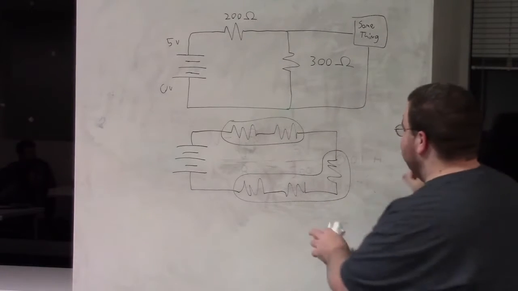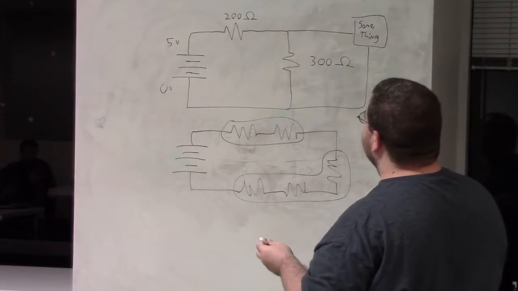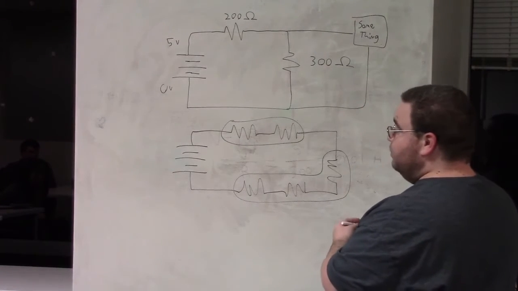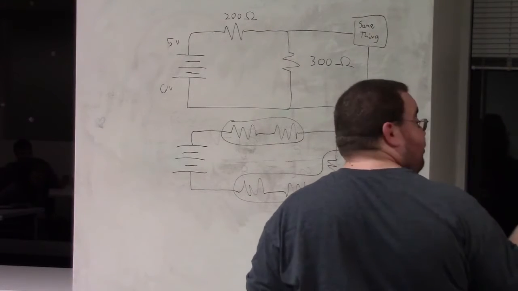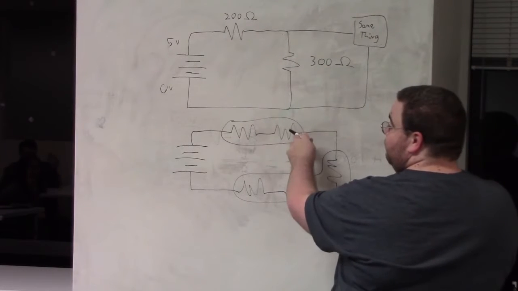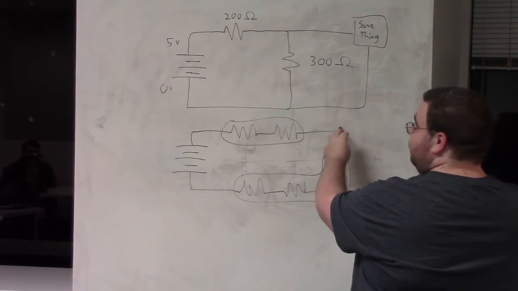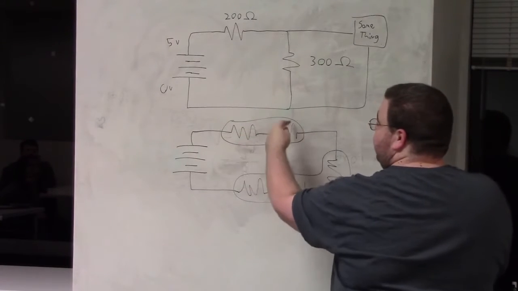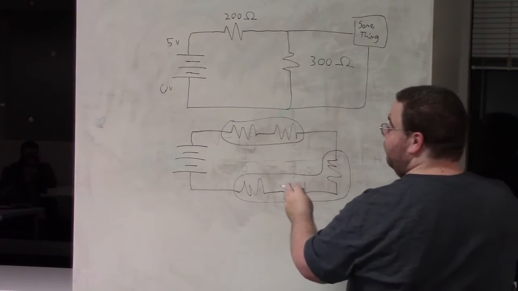Go back to your Ohm's law and show them. So you have your 5 volts, and then you would find your current, which would be the same throughout your entire circuit, right? And then that would give you your voltage at any point. That's the other way to do it. Because you know this is going to be 0.01 amps, you know the whole current is 0.01 amps, right?